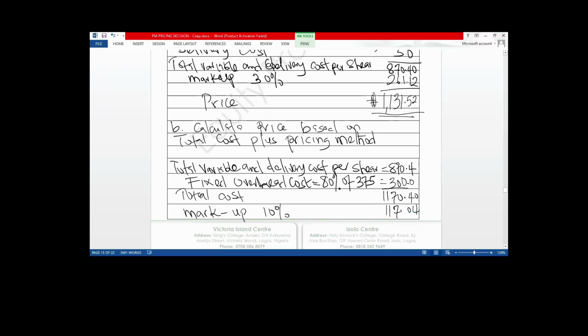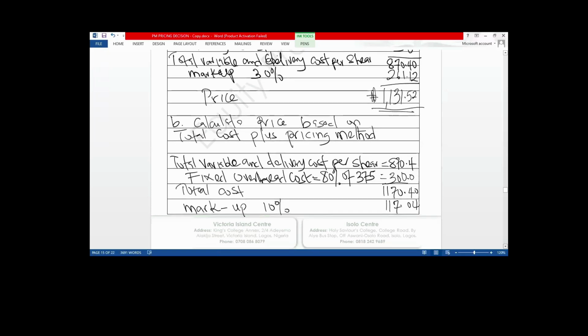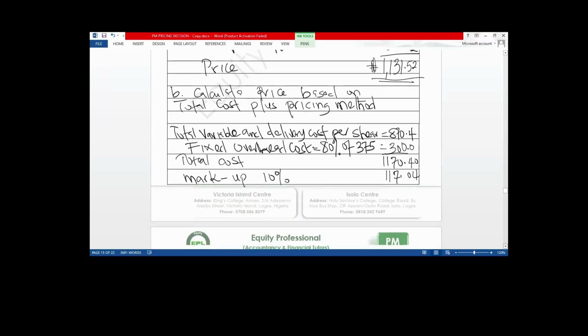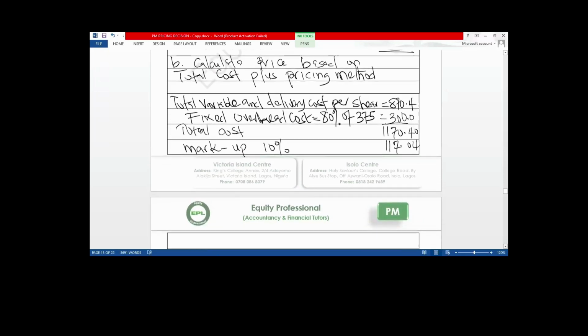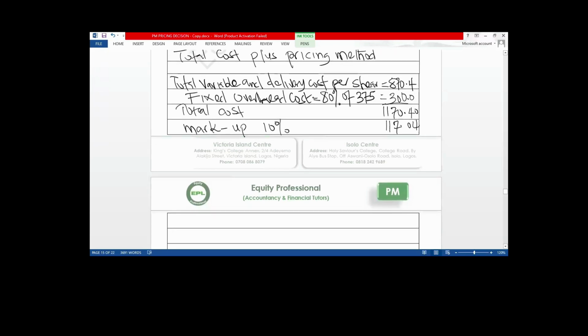Then you can now get your price. Of course, we sum the two. You get your price: 1,287.44.